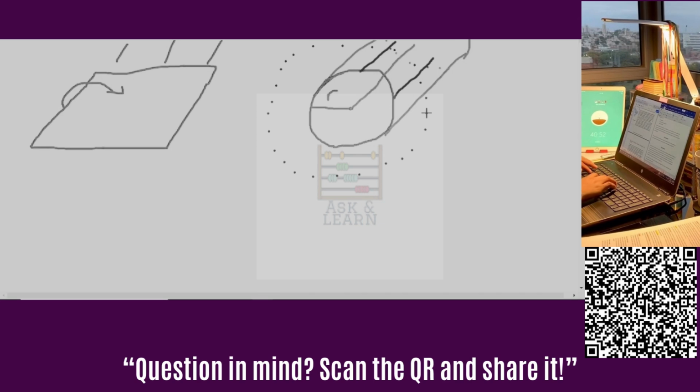Now we want to find out what the magnetic field looks like outside of this cylinder.